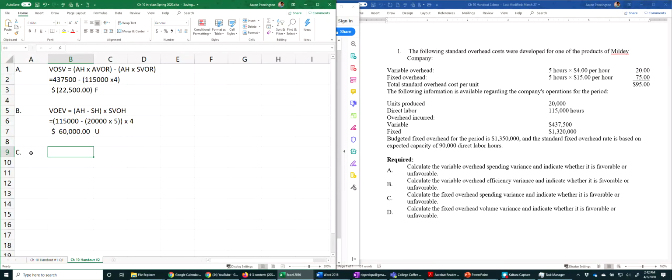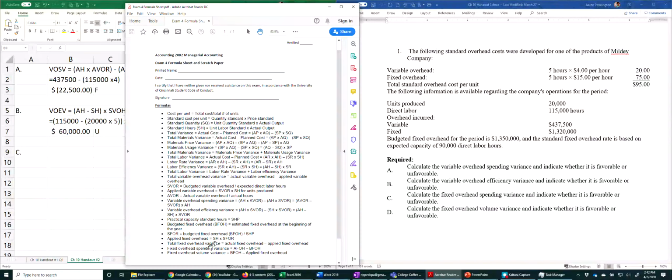Calculate the fixed overhead spending variance on part C and whether it is favorable or unfavorable. So fixed overhead spending variance is actual fixed overhead less budgeted fixed overhead.